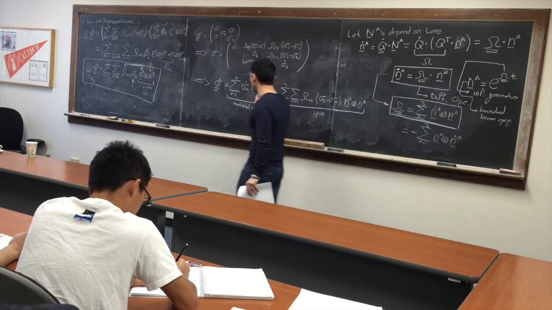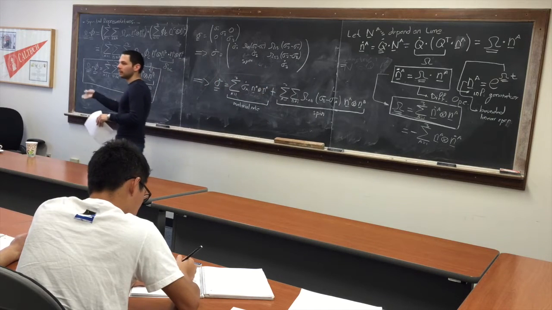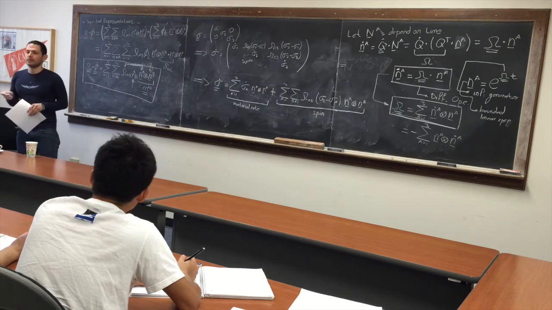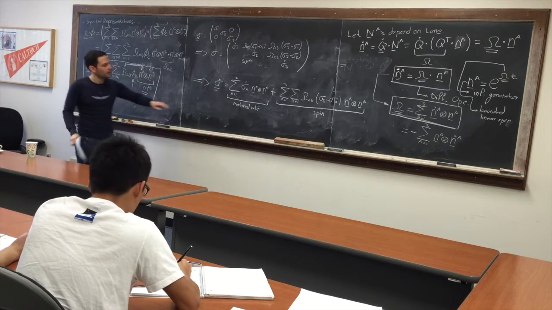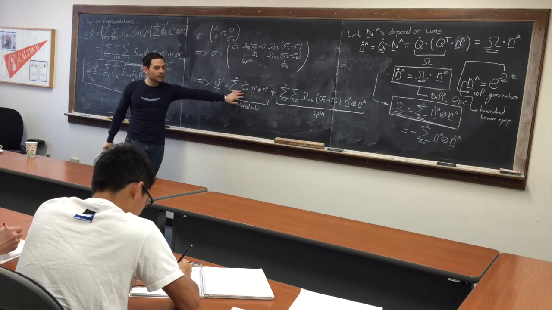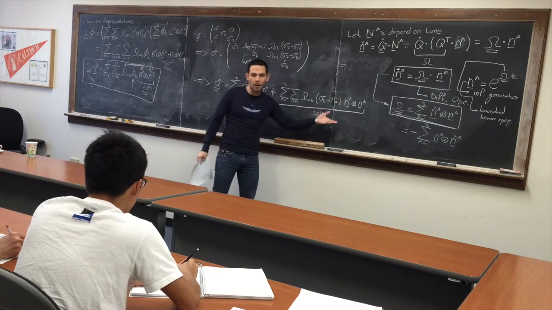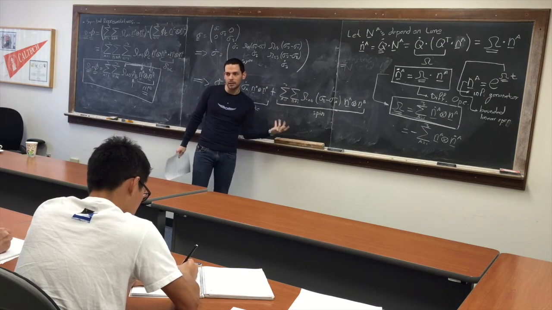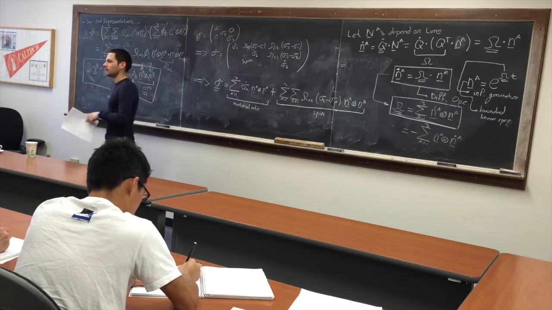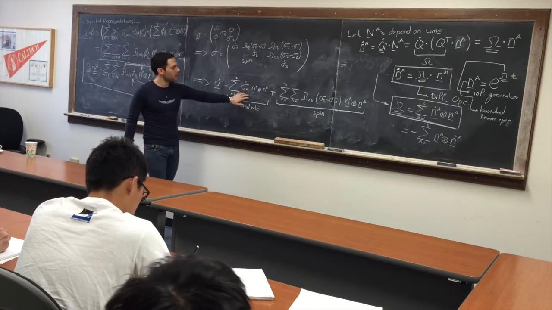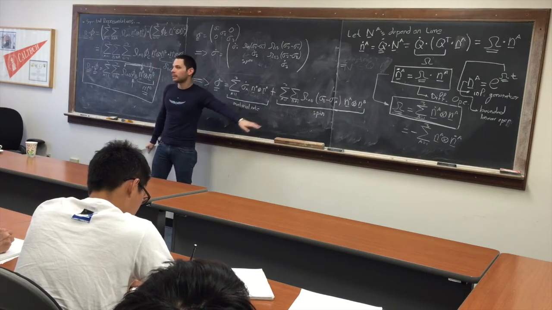So this part is giving you how the length of these principal stresses is changing in time. And this part is giving you how these principal directions are rotating. If you will, the radial part and the rotational part.